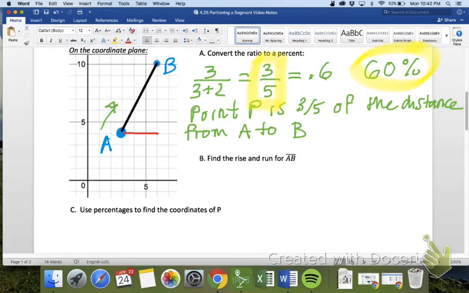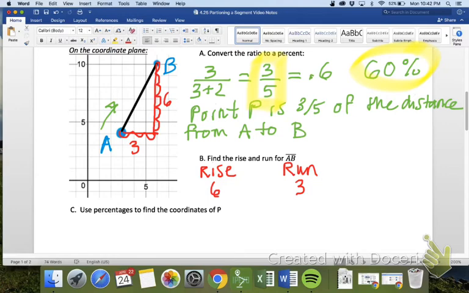So it looks like if I go over 1, 2, 3 units, right? And then go up 1, 2, 3, 4, 5, 6 units. So we have a rise of 6 and a run of 3.